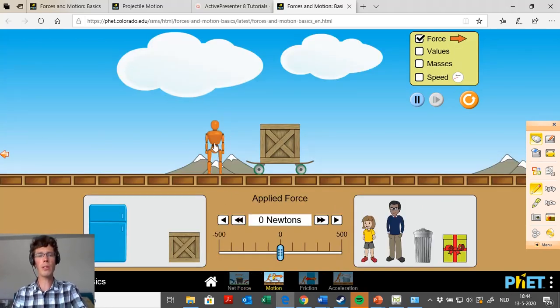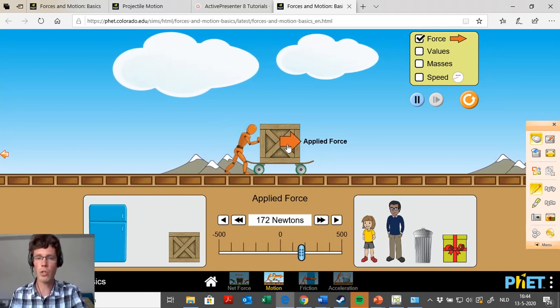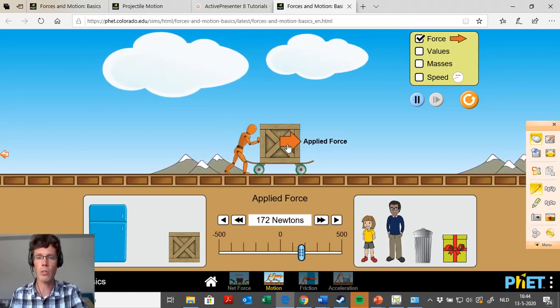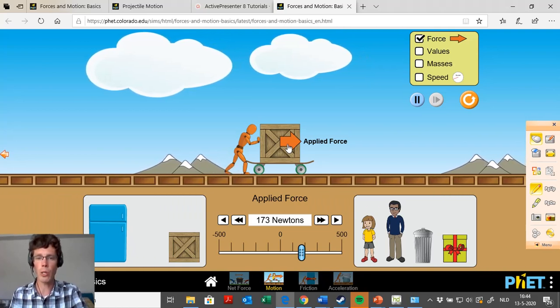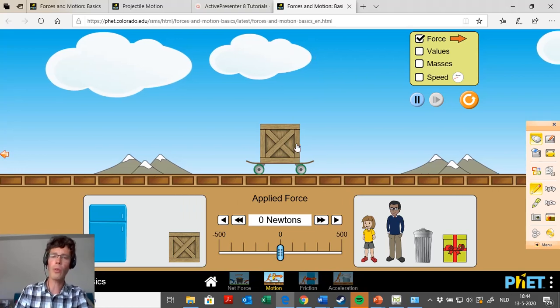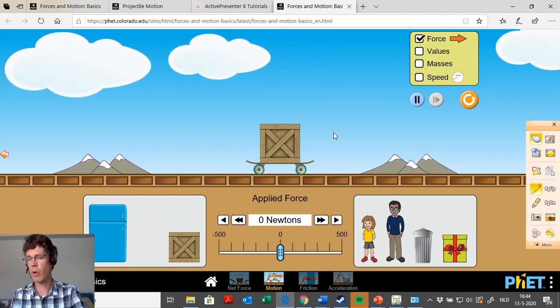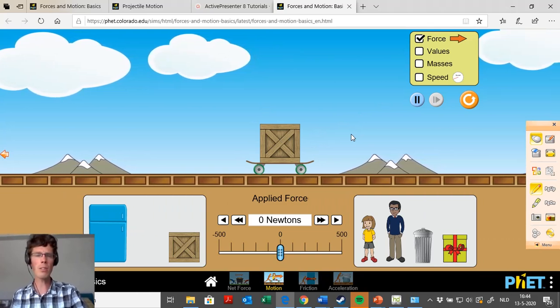This can also be seen in this simulation. I have a box on a skateboard and the guy is going to push on it. And we see that the speed of the box increases. When I stop pushing, there is no net force working on the box. So therefore, it will simply keep on moving. Now this is a bit strange.